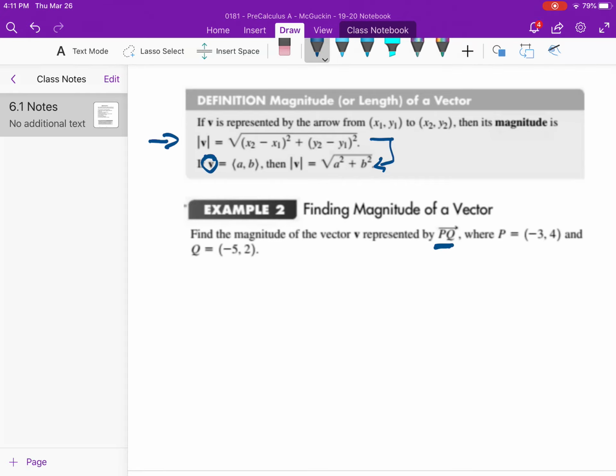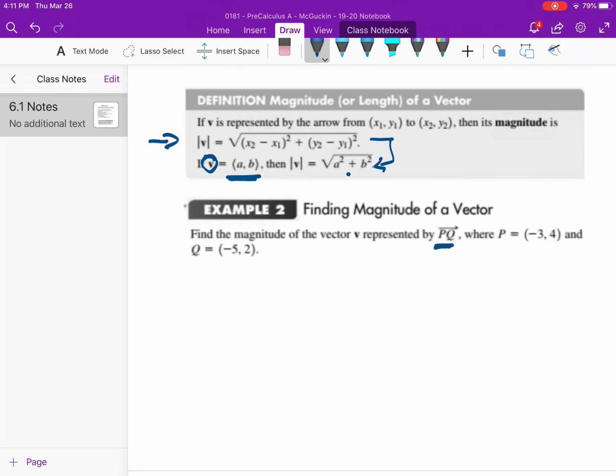Ultimately, what that ends up being is just taking our component form squared plus the other part of our component form squared, and keeping that all under the square root. Well, why? Because remember what we talked about already, that we can use that head minus tail rule to find what that component form actually is of that vector.